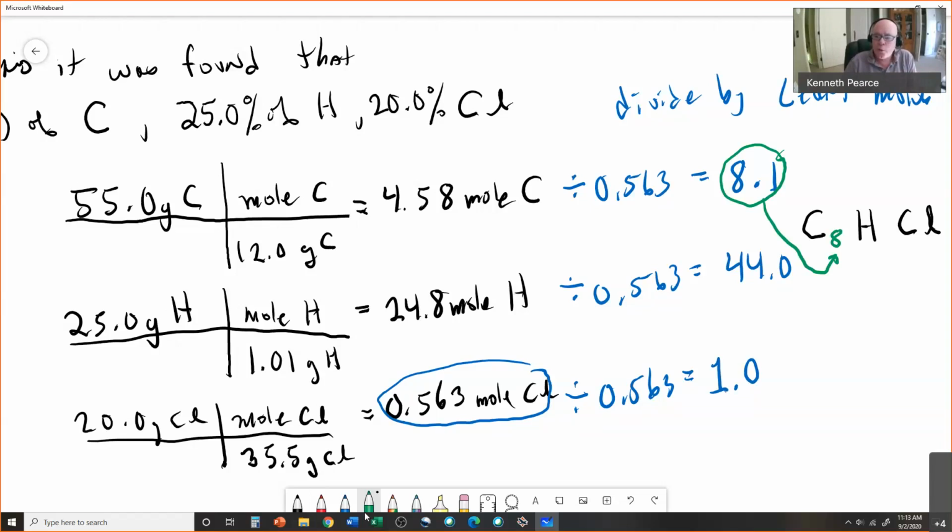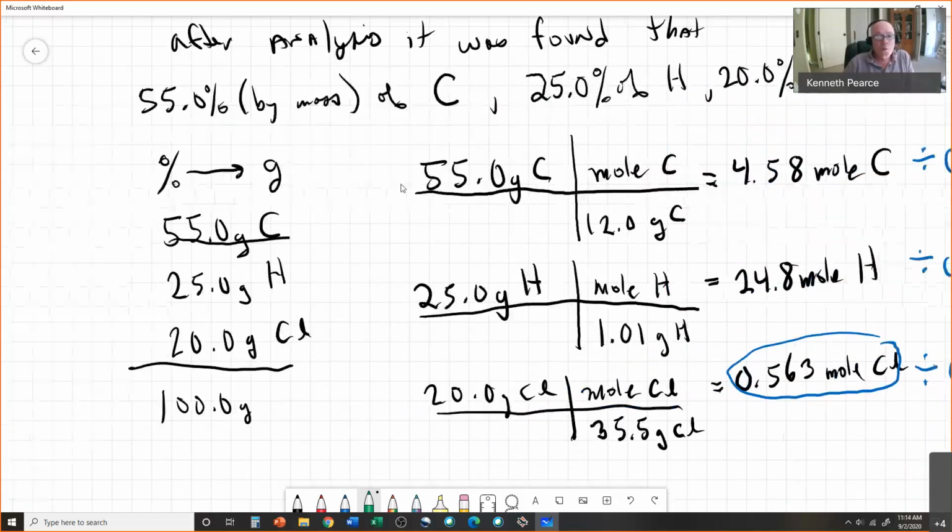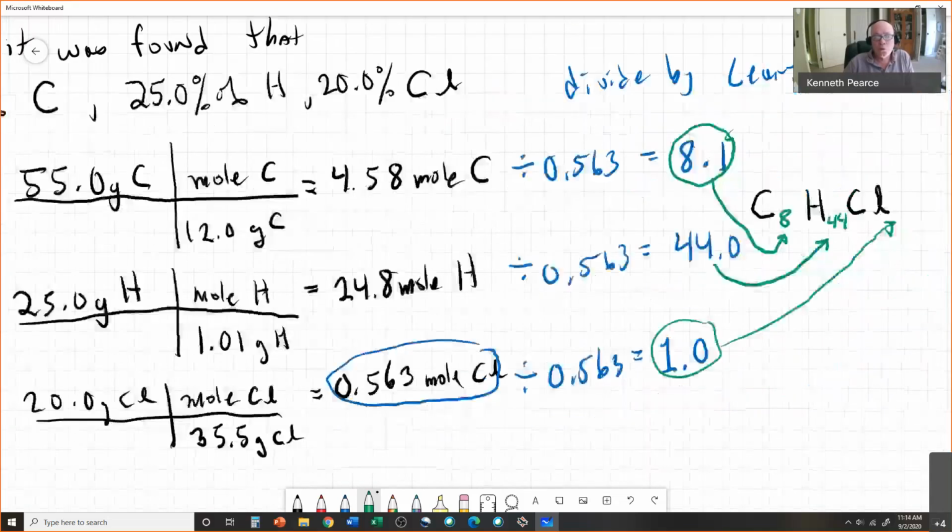Okay, and so that 44.0, it rounds to 44. And that 1, well, it rounds to 1, and there's an implied 1 behind that chlorine. So our final empirical formula is C8H44Cl. Okay. So there's one empirical formula that we determine given the original percents. And that's how you do it.